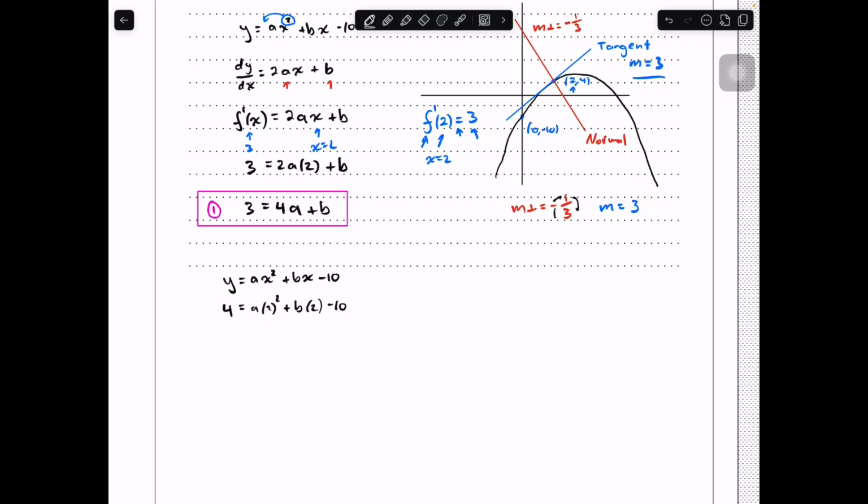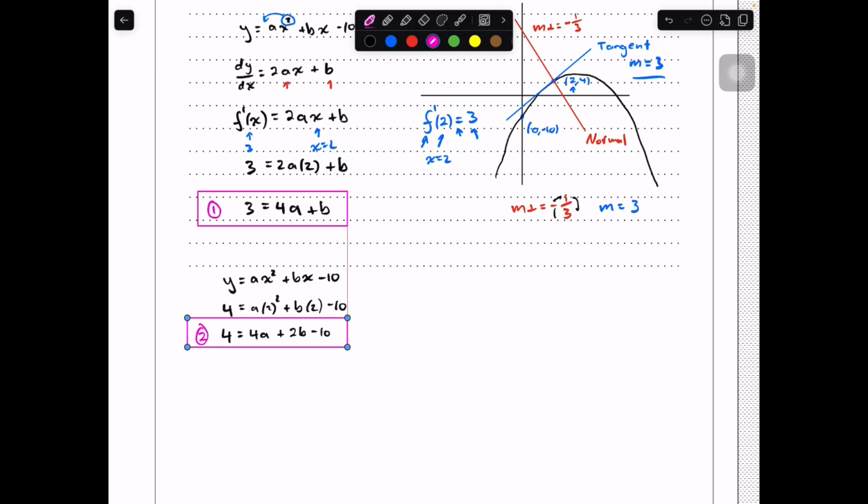Alright. 4 stays the same. 2 squared is 4. 4 times a is 4a. B times 2 is just 2b. And this is -10. Alright, that is another big step. That is equation 2, and that is the final equation that we were looking for.